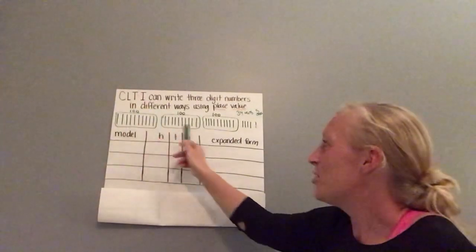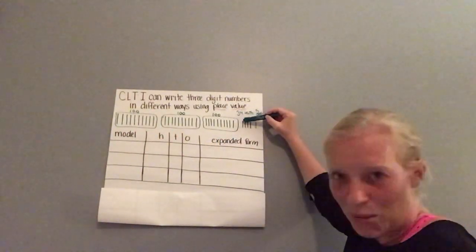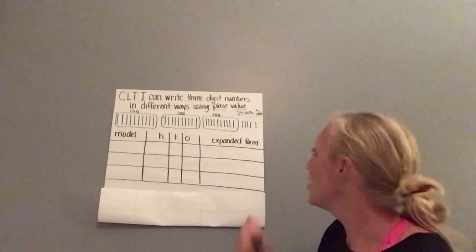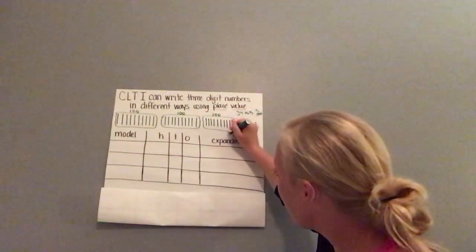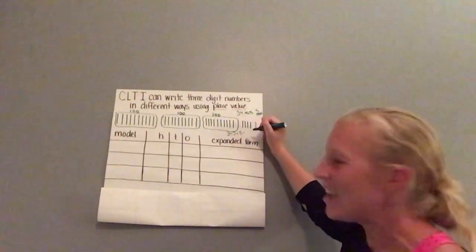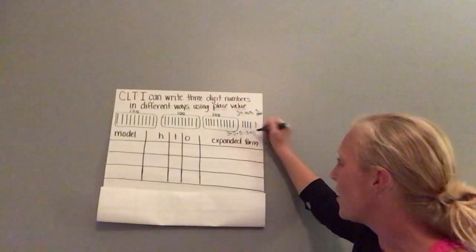How much are those 34 tens worth? 100, 200, 300, 310, 320, 330, 340. So then we have our 340, if we're going to do expanded form, plus 5 equals what? 345.